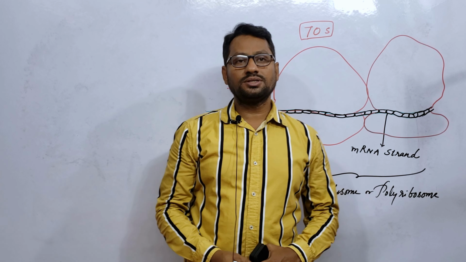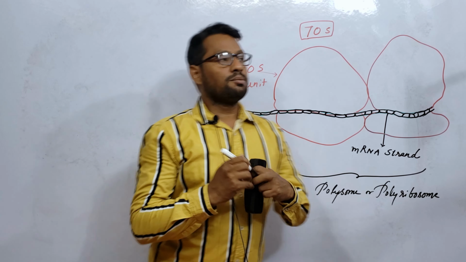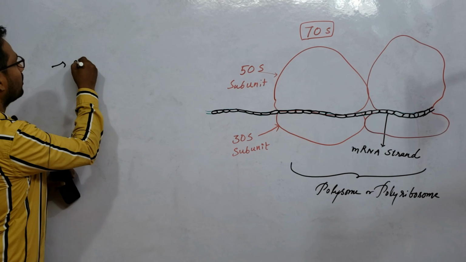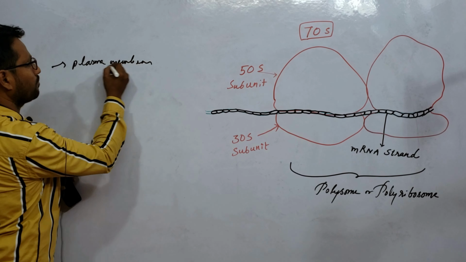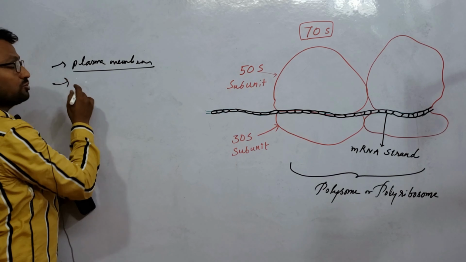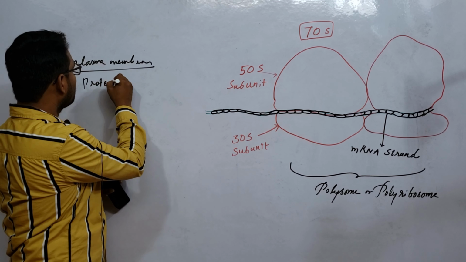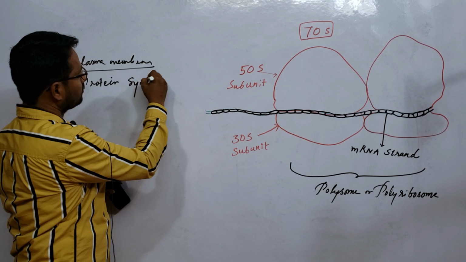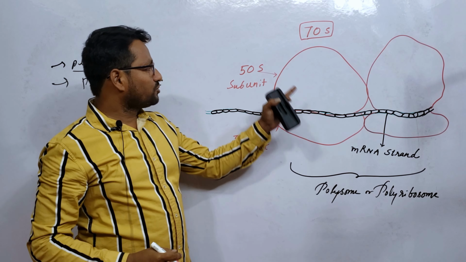Ribosomes and inclusion bodies in the prokaryotic cell. In prokaryotes, ribosomes are associated with the plasma membrane. And ribosomes are also the site for protein synthesis. In prokaryotes, the ribosome is made of 2 subunits.